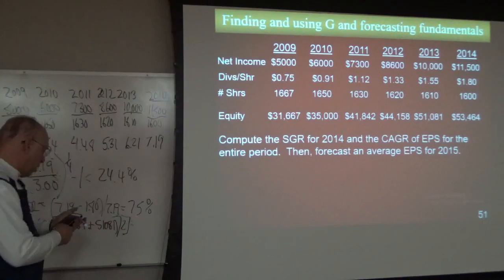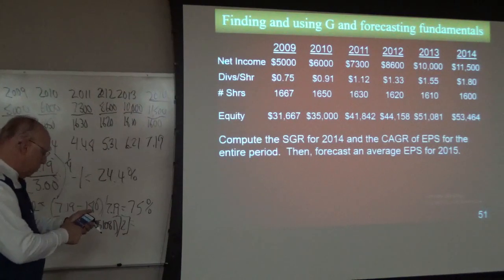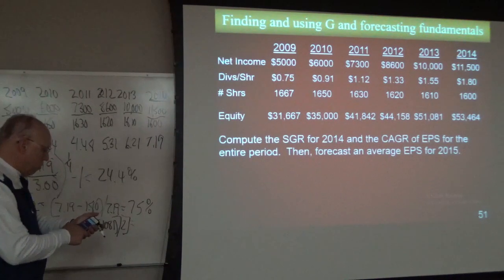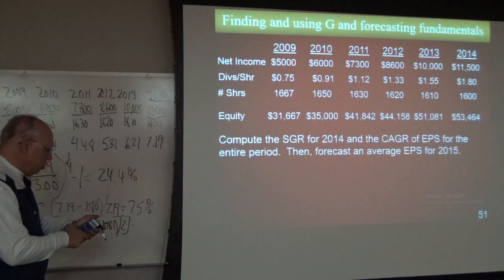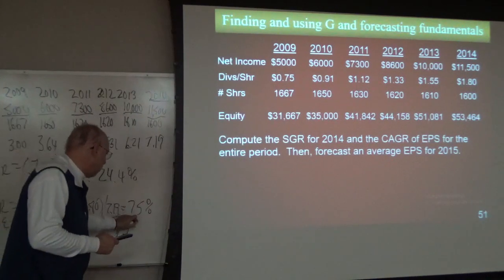And let's get our return on equity. So we have 53,464 plus 51,081 equals, divided by 2 equals, and let's go ahead and store that, so that's 52,272.5. Now let's clear it out, and we got 11,500 divided by that number, and we get return on equity of 22%.